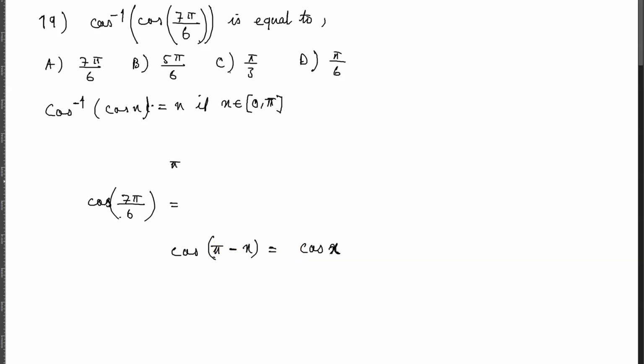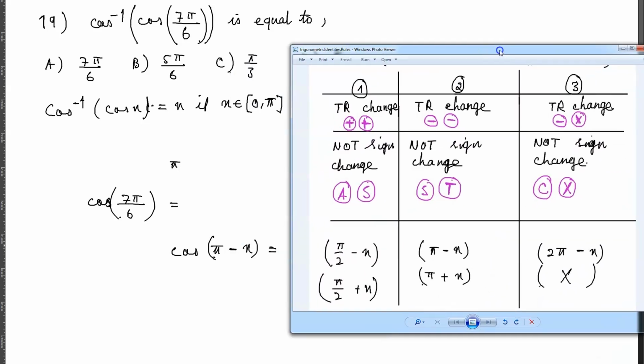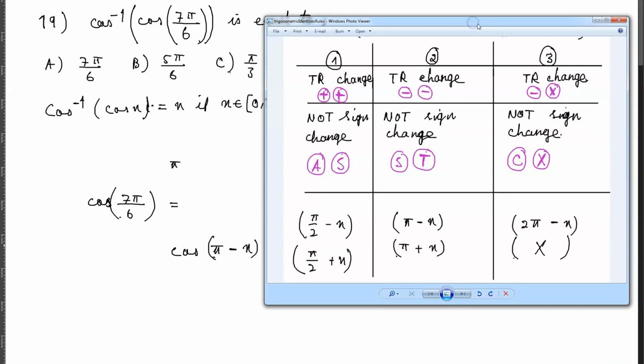So to find the sign, we had a table that we developed earlier. And in this table, we said that in the case of pi minus x, first of all, in both of these two cases, the trigonometric ratio is not going to change. So you have no problem there.